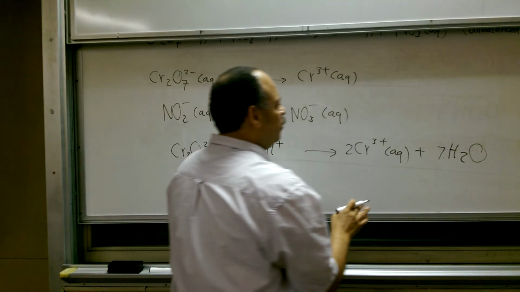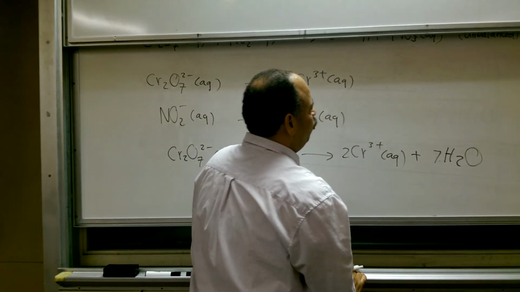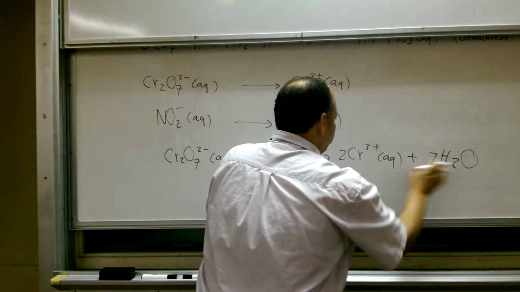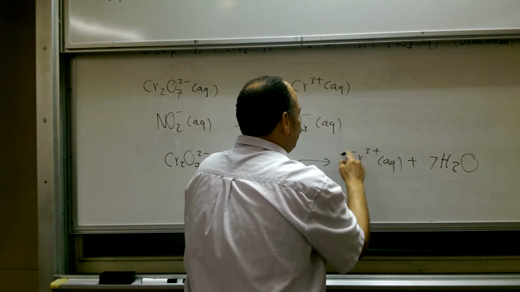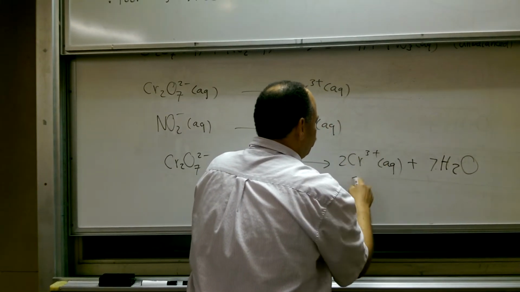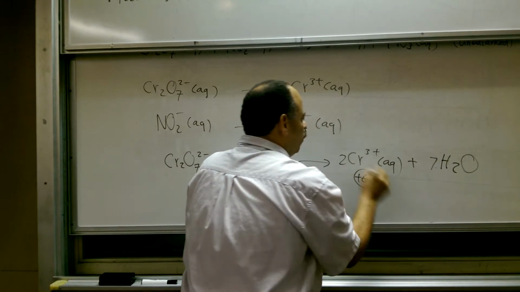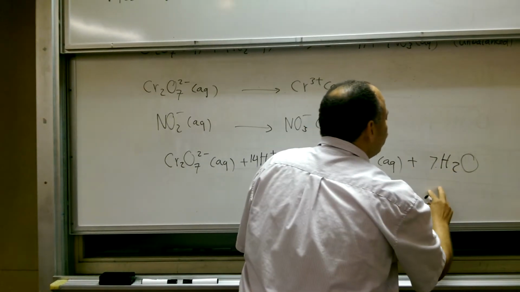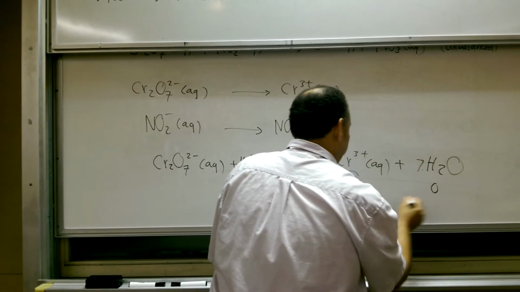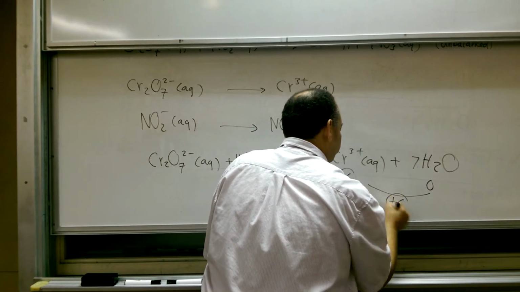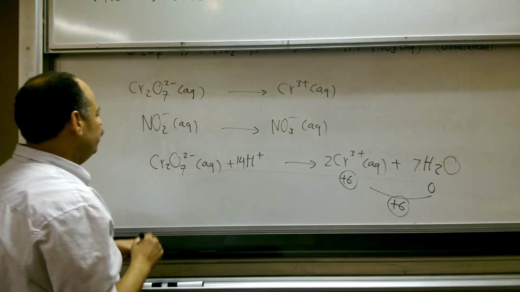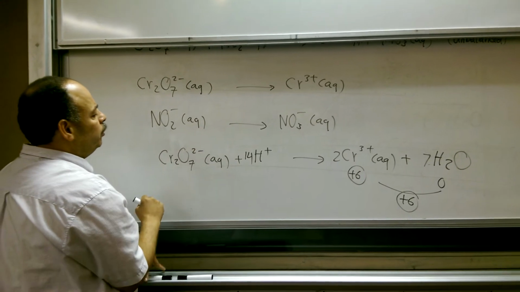The next step is to balance it with respect to the total charge. So let's take a look at what is the total charge on the right side. We have 2 chromium 3, so 2 times positive 3, that is positive 6 on the right side. And this is 7 molecules of H2O, that is 0, so the total charge here is positive 6. Now take a look at the left side. The dichromate ion carries 2 negative charges.